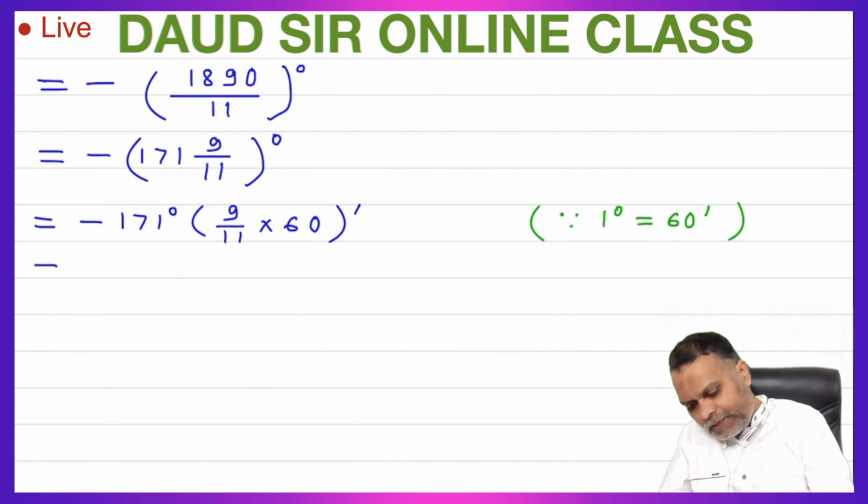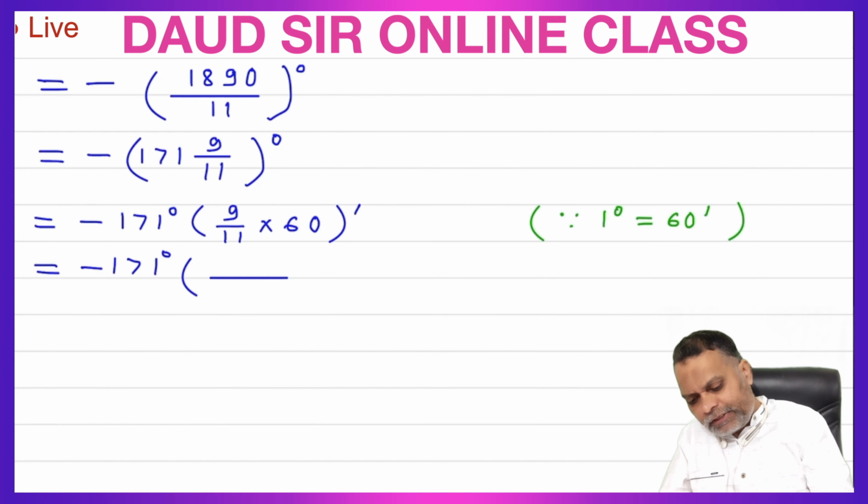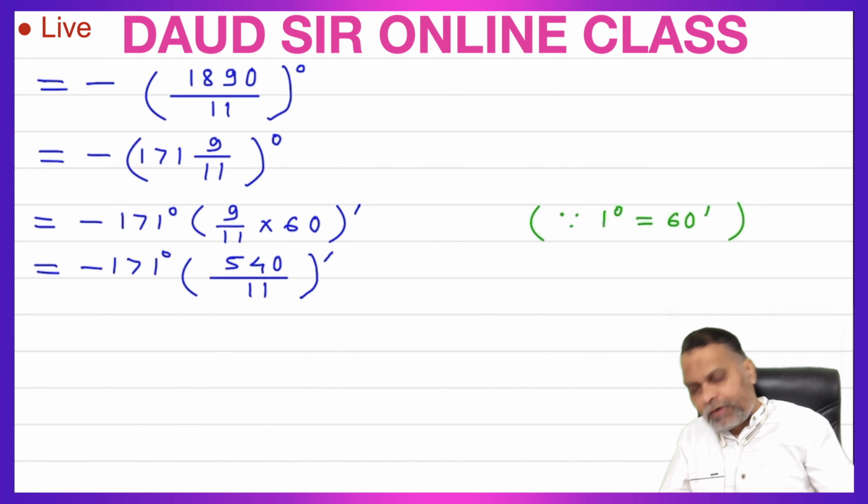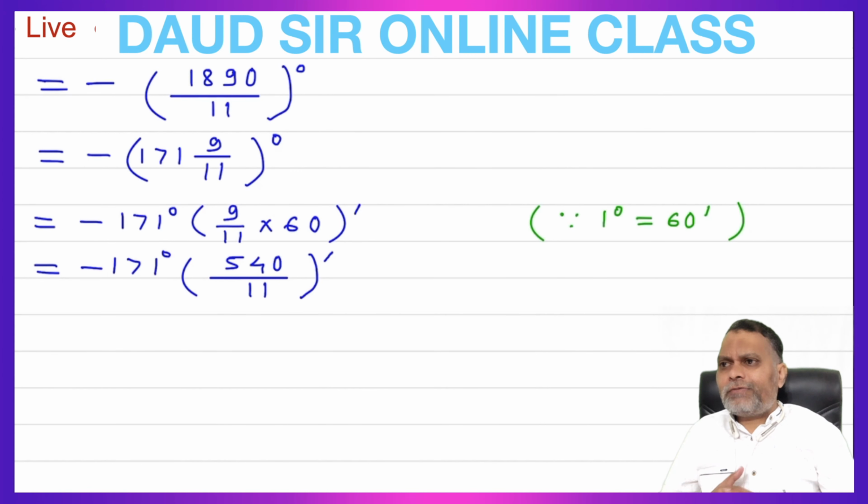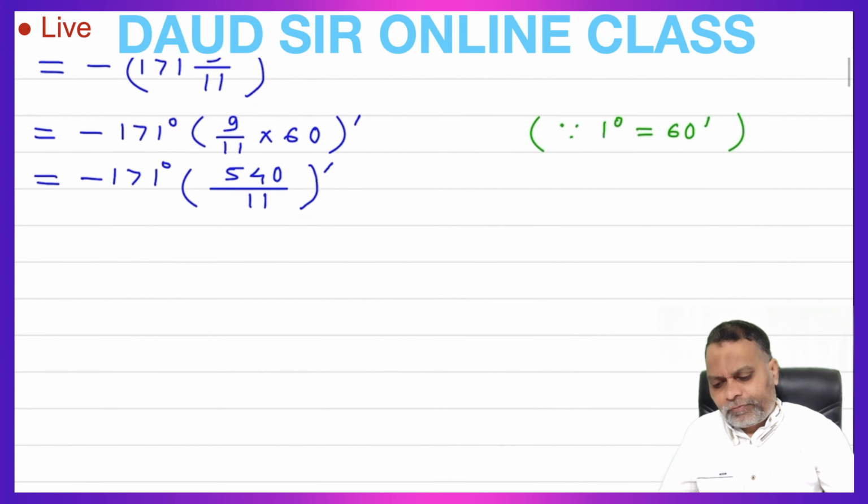So simplify this, minus 171 degree, and this is 9 6s are 54, 540 upon 11 minutes. Now divide this 540 by 11.